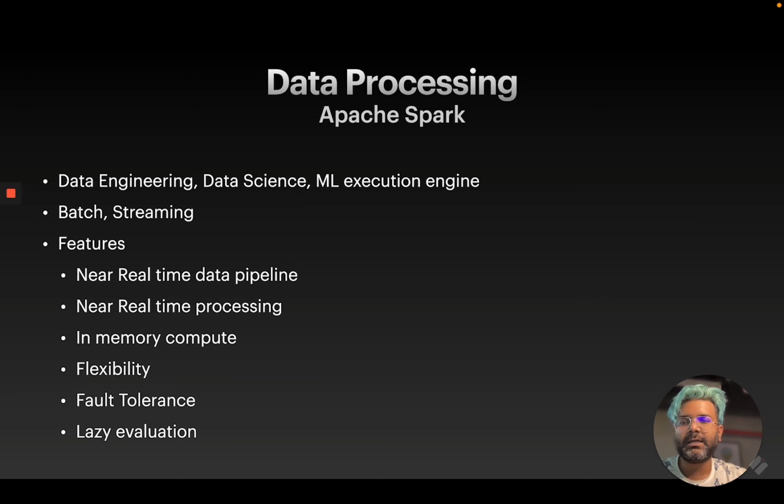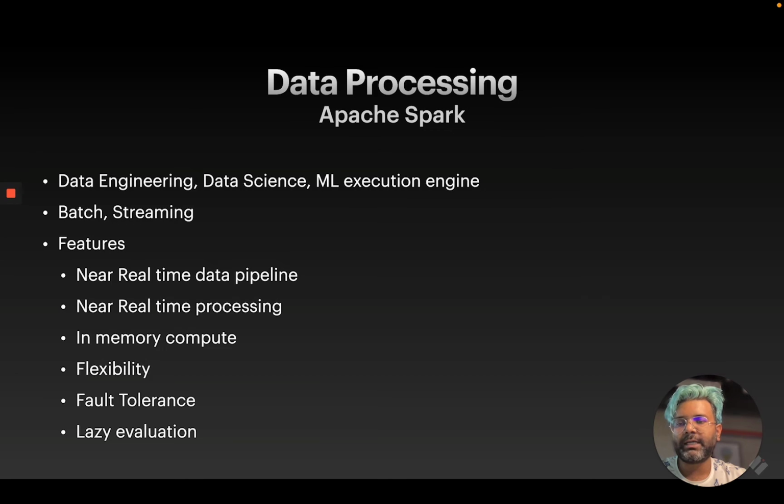Apache Spark is a data engineering, data science, and ML execution engine, which fundamentally has a similar concept to MapReduce, but it changes some things drastically, which gives a lot of performance gain on top of MapReduce. And we'll discuss some of those performance gains. So Apache Spark can work with batch and stream processing both. Some of its features are a near real-time data pipeline.